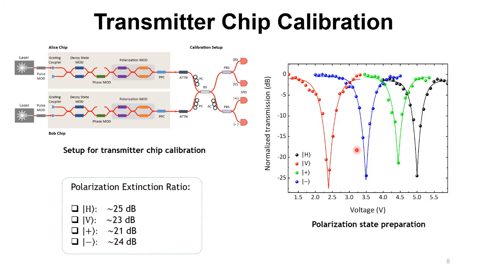We scan the voltages applied on the polarization state encoder. The results for each polarization state are shown in this figure. From the figure, we can see the transmitter chip is capable of providing polarization states with extinction ratio over 20 dB, which highly meets the requirement of the MDI-QKD demonstration.